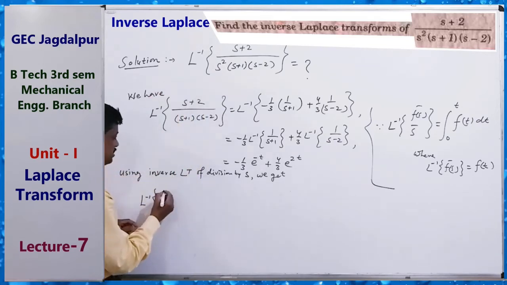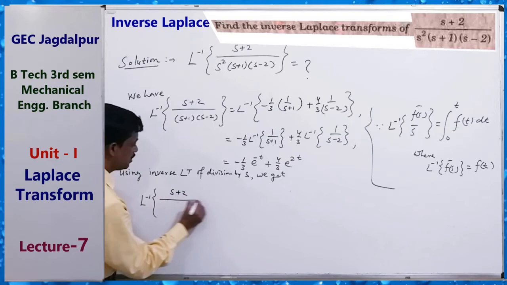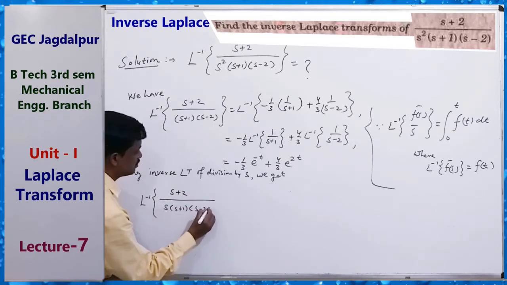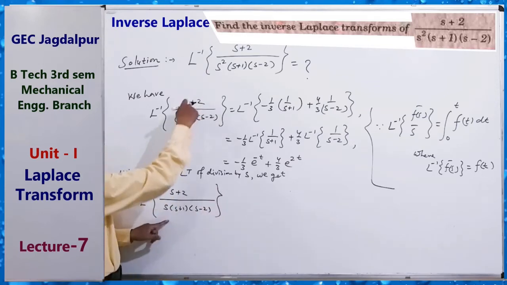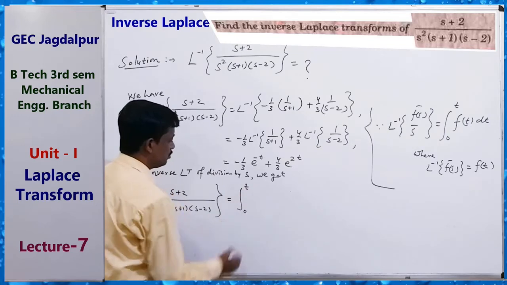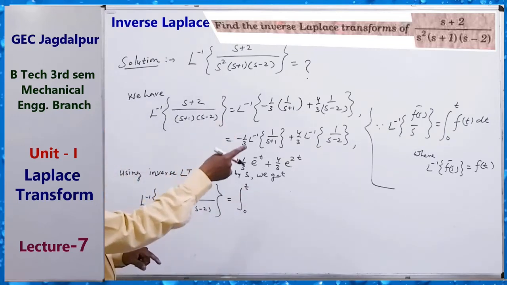F(s) by s means (s plus 2) by (s plus 1)(s minus 2), this is divided by s, equals the integral from 0 to t of f(t) dt.